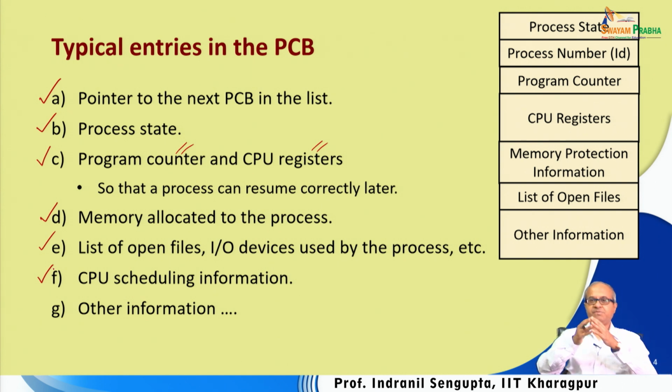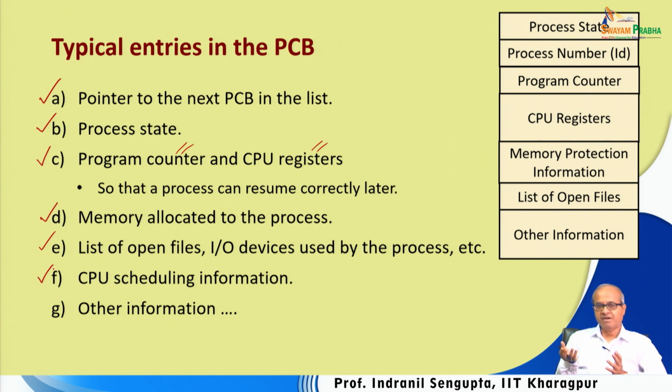And the next point, of course, we shall be discussing in detail later. There is something called CPU scheduling. So, some relevant information that can help in the CPU scheduling can also be stored in the PCB. Because CPU scheduling means whenever the CPU becomes idle, the OS must decide, that means the dispatcher module, which of the ready processes must be given the CPU next.